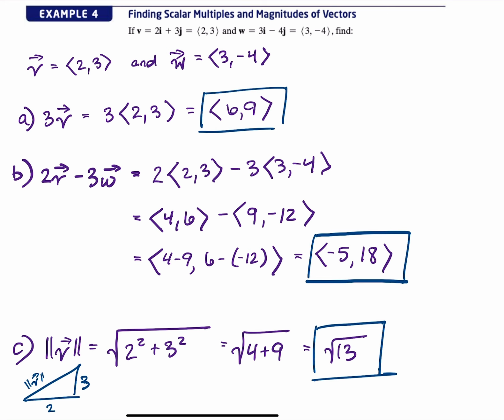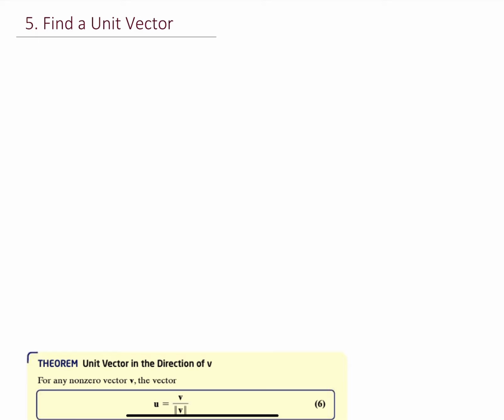So something else we might be asked to do is to find a unit vector that's in the same direction as another vector. So let's redraw our picture again. So some vector v. We have a horizontal and vertical component, and this will be our magnitude.